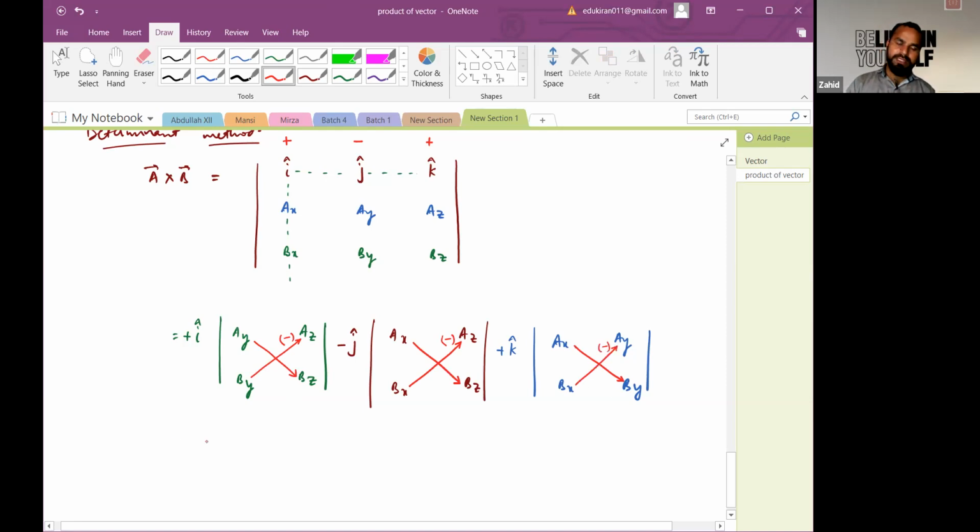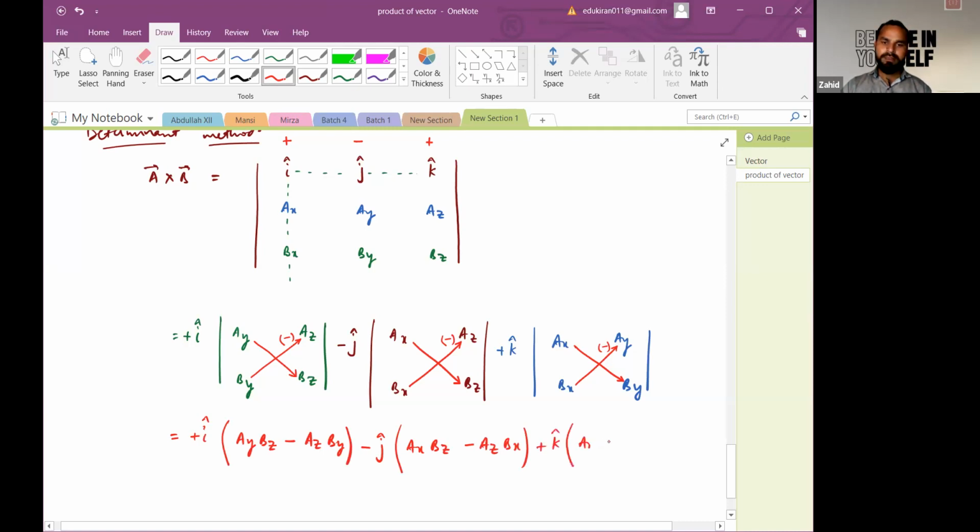Now, if you expand using this concept, you will get plus i cap times AY BZ minus AZ BY, minus j cap times AX BZ minus AZ BX, plus k cap times AX BY minus AY BX.